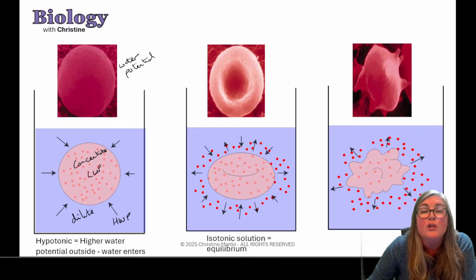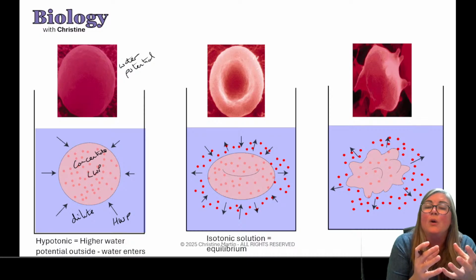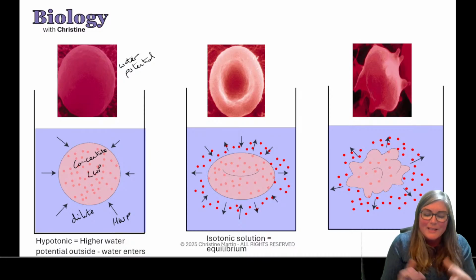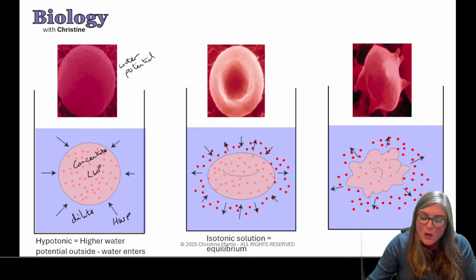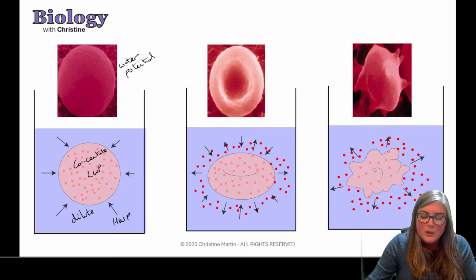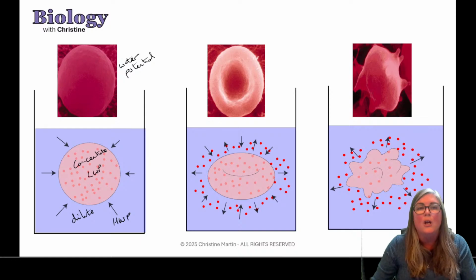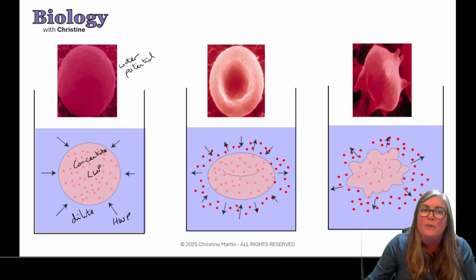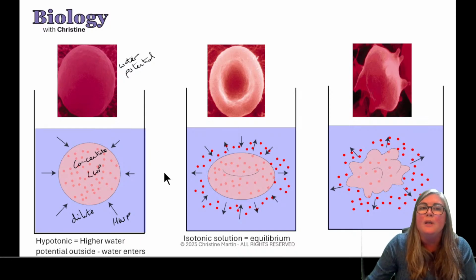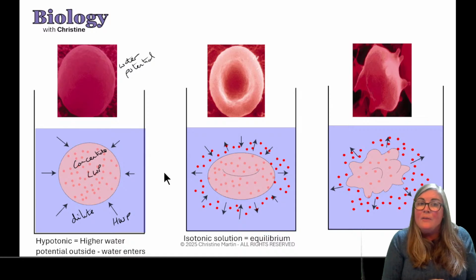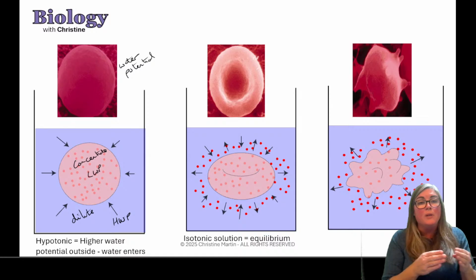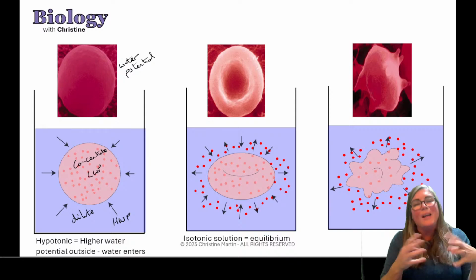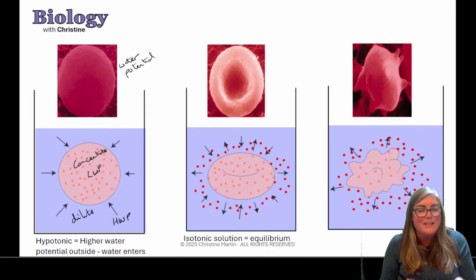What happens if you have a cell which goes into what's known as an isotonic solution? So here I have my isotonic solution. Now, it's important to note that water doesn't just move in one direction. Water is constantly moving. And so it's moving from an area of higher water potential to an area of lower water potential until we reach this equilibrium, as I said.